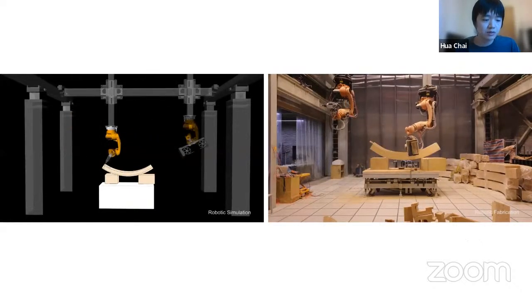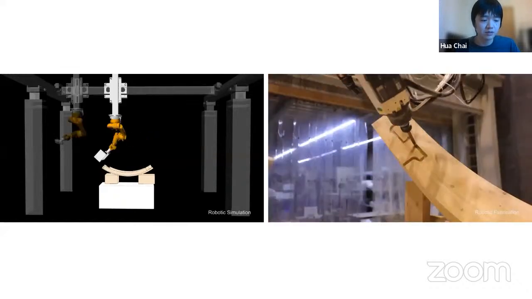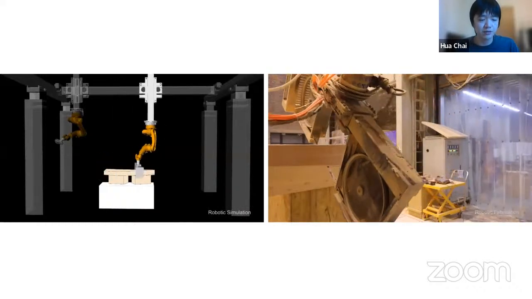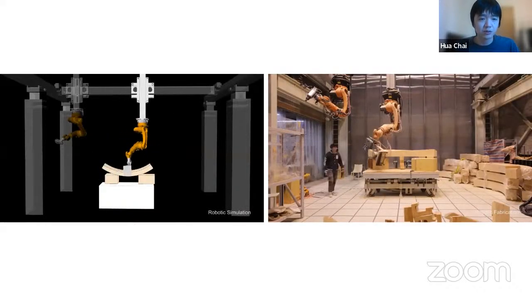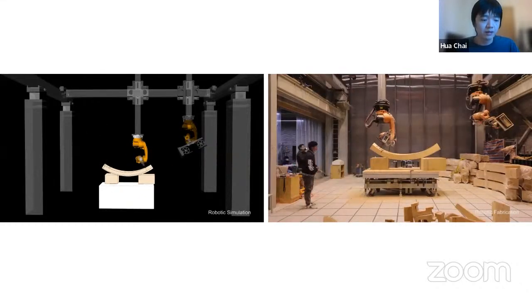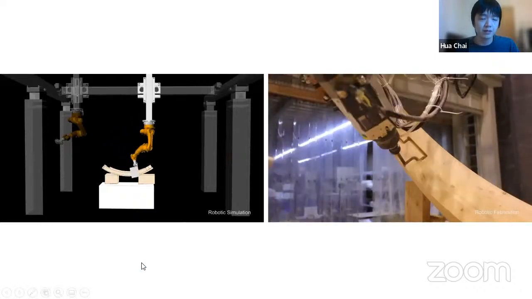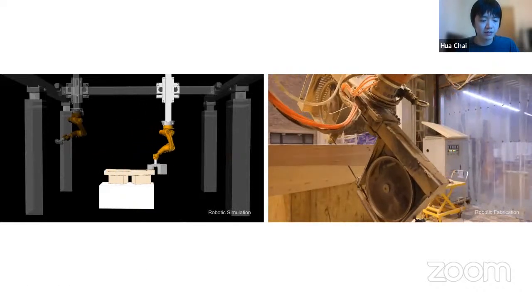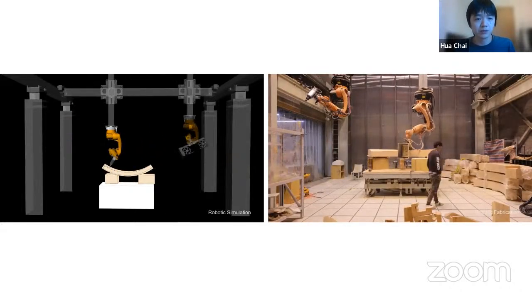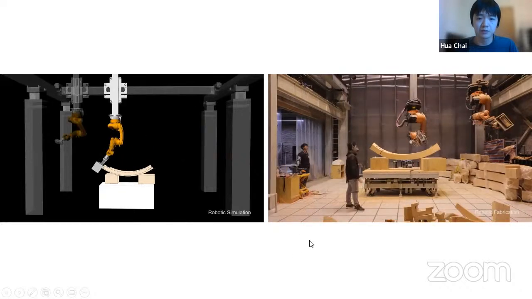Since each segment is a double curved member, the mass customization of all the segments is actually the major challenge in this project. So we make full use of this dual robot system, and the two robots are responsible for milling and bandsaw cutting respectively, with one robot equipped with a spindle and another equipped with a bandsaw effector.